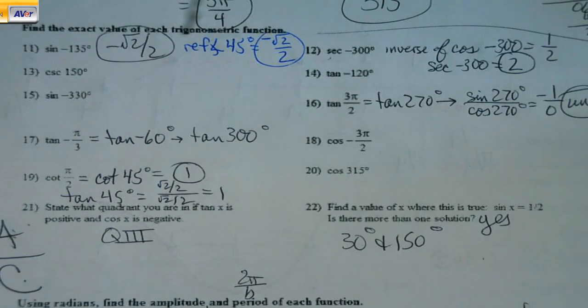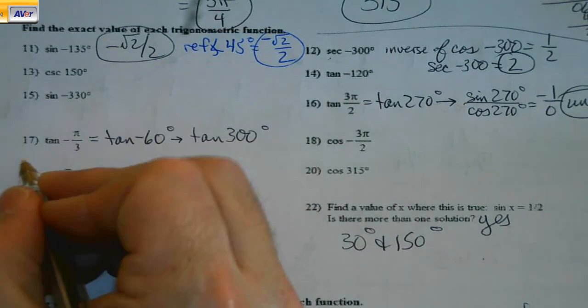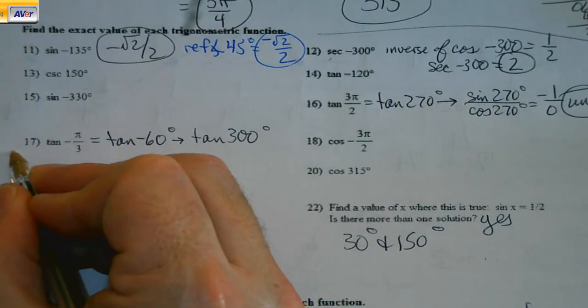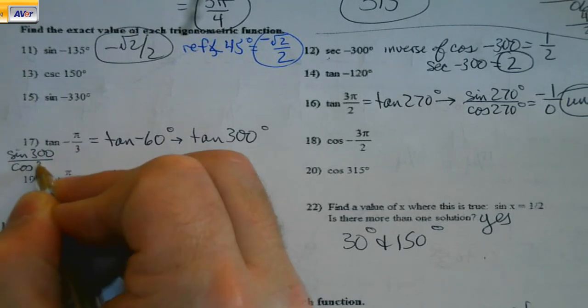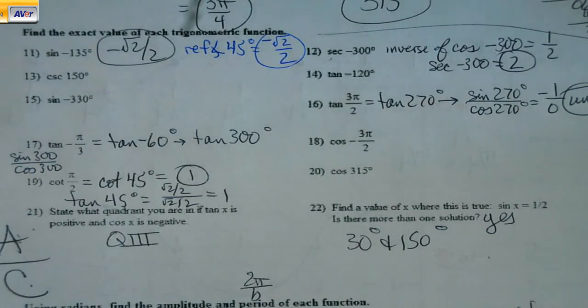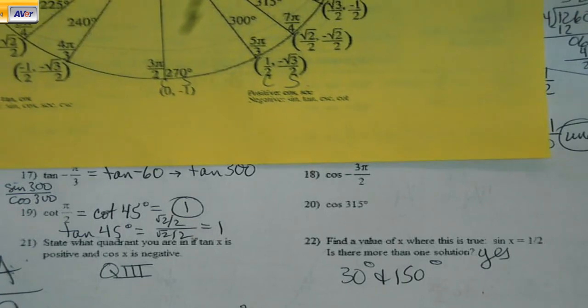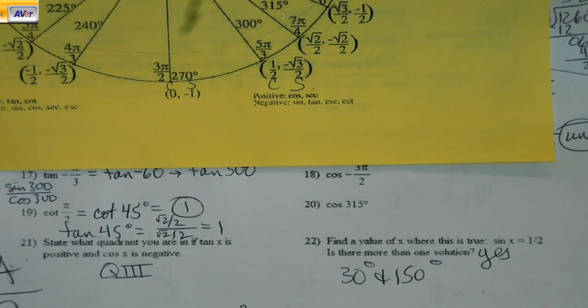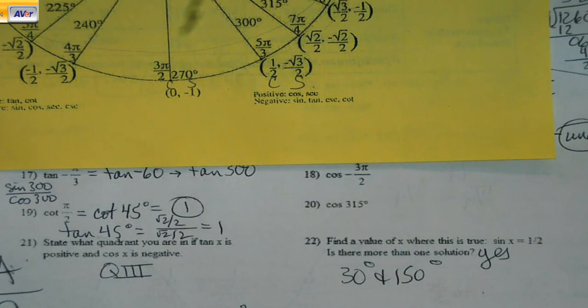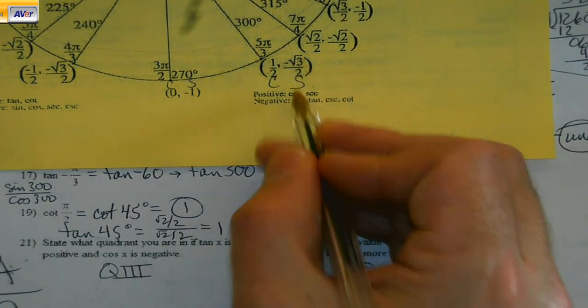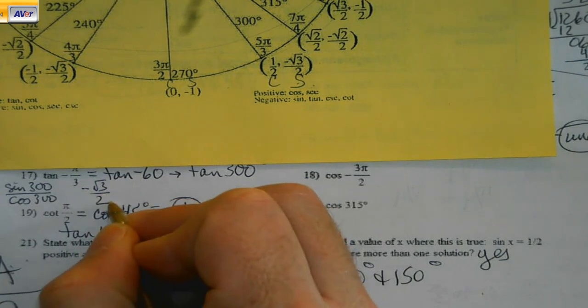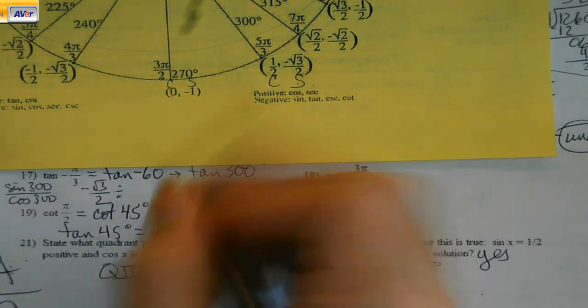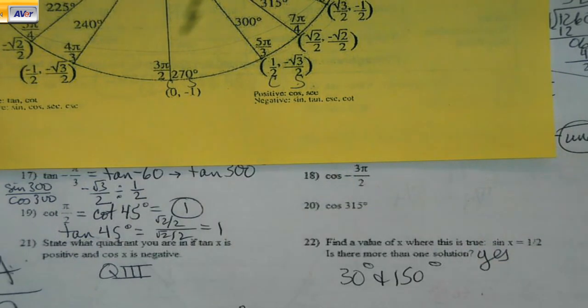So to get that, we would have the sine of 300 over the cosine of 300. Let's see if I can get this all on one screen. That'd be great. Here we go. So, sine of 300 is negative square root of 3 over 2, divided by cosine, which is a half.